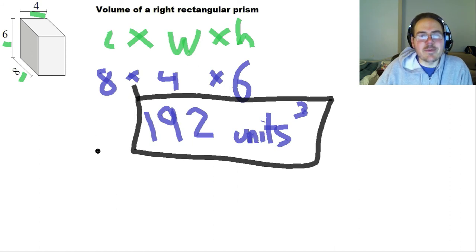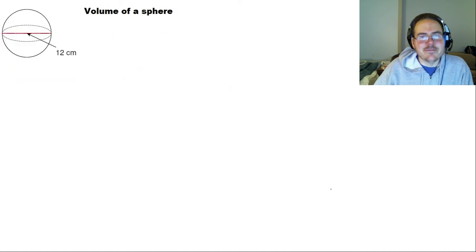There's one more shape I'd like to go over, but unfortunately we're going to go back to using circles. It's called a sphere. A sphere is a 3D shape a lot of you are familiar with. Play any kind of sport, basketball, soccer, softball, anything with a round object, you understand what a sphere is. So the formula for a sphere is as follows.